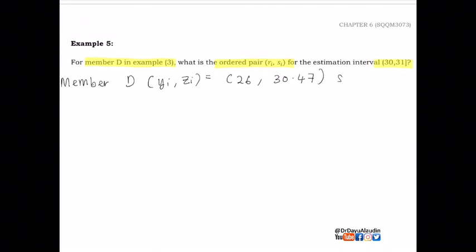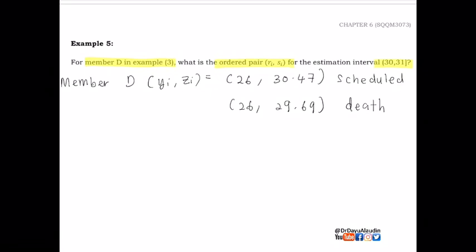In this case, member D dies in the observation period. So the first schedule, we estimate that he will finish up until the end of the observation period. However, he died at age 29.69. So the death happened before the end of the observation period.